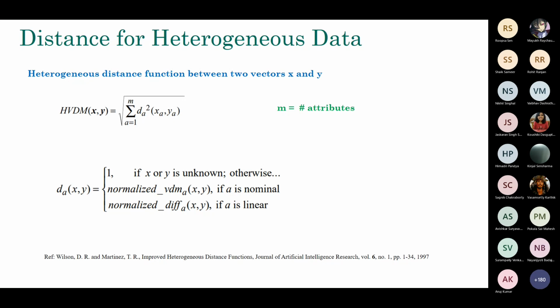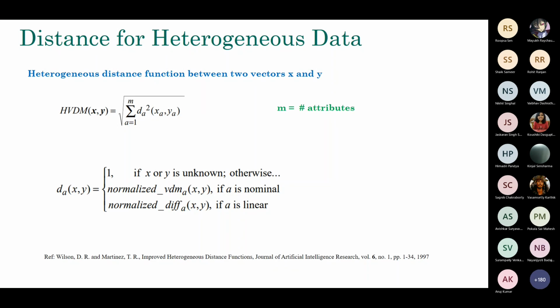So another kind of well-known distance measure is called HVDM. It takes again two samples with m attributes and then tries to compute the distance between these two. So there are three possibilities. If one of these attributes is actually unknown, that is missing, then you can basically say 1.